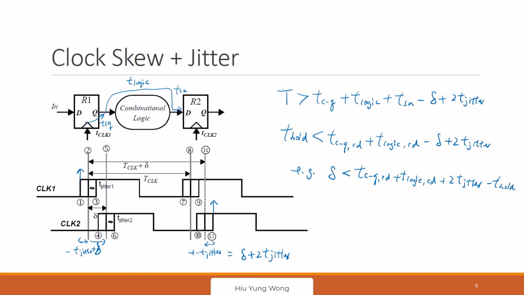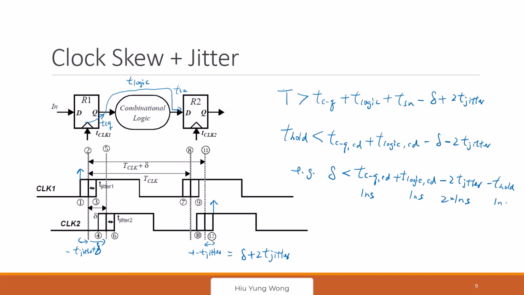So basically this is what someone tells you: my contamination delay is 1 nanosecond for the clock to Q. My contamination delay of the logic is also 1 nanosecond. But I have a T jitter. Okay, did I say something wrong here? This should be negative 2 T jitter, right? Because we want to make it worse. My T jitter may be 1 nanosecond, but it is counted twice.